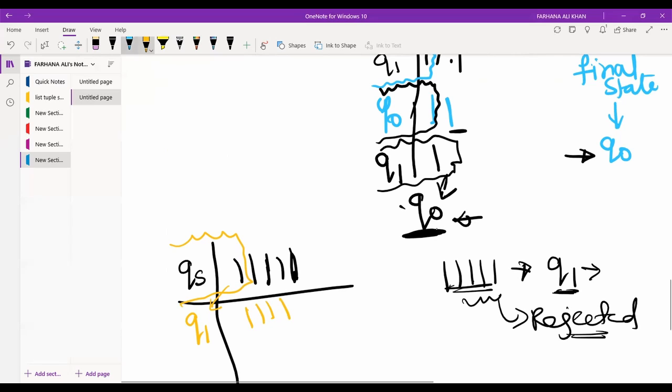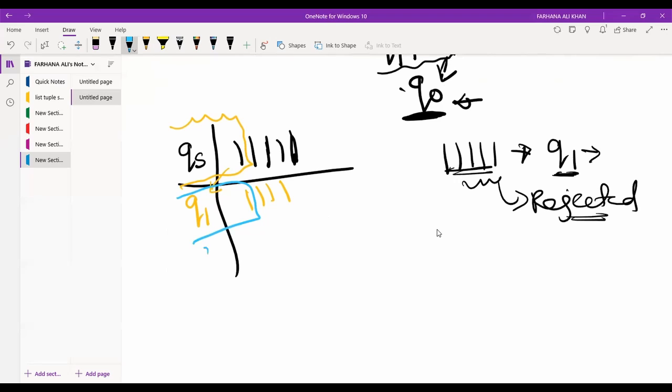Now next, Q1 on 1, where is it going? Q1 on 1 reaches Q0. The remaining string is 1, 1, 1. Now Q0 on 1, where is it going? It is going to Q1. The remaining string is 1, 1. Now Q1 on 1 goes to Q0. What is remaining? One.